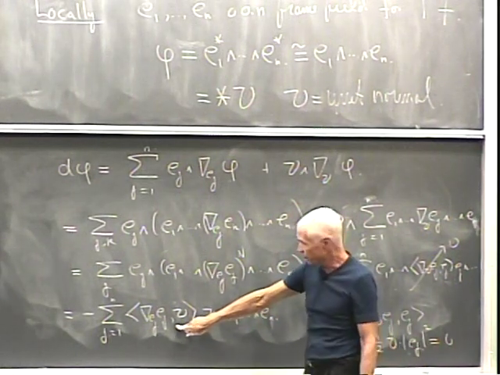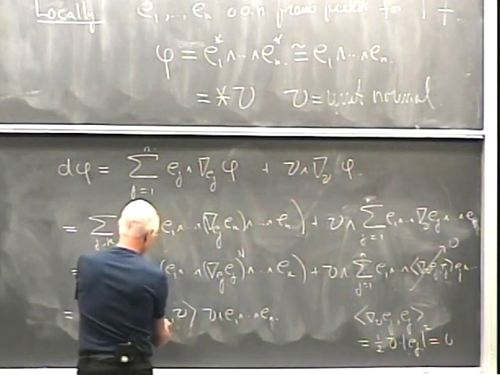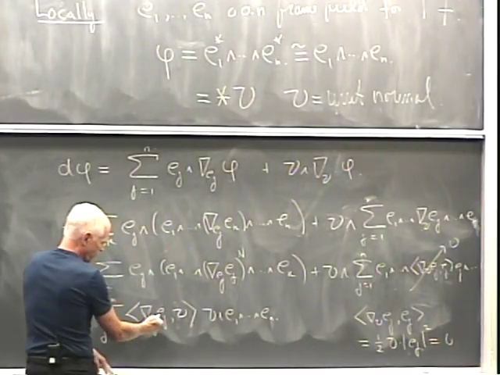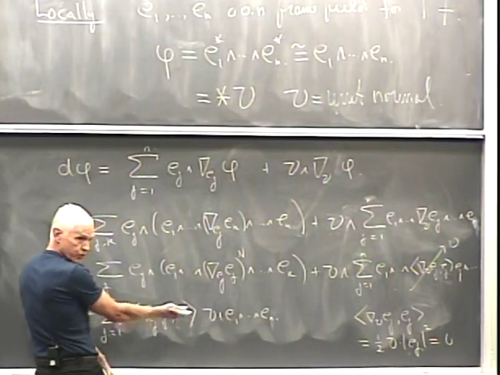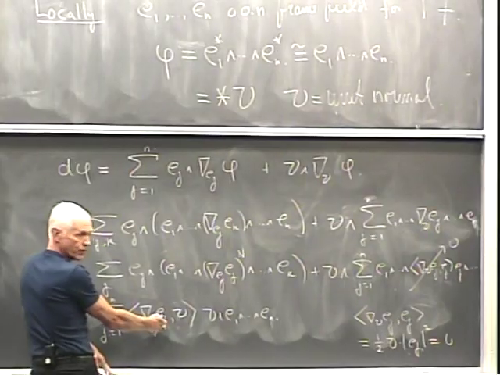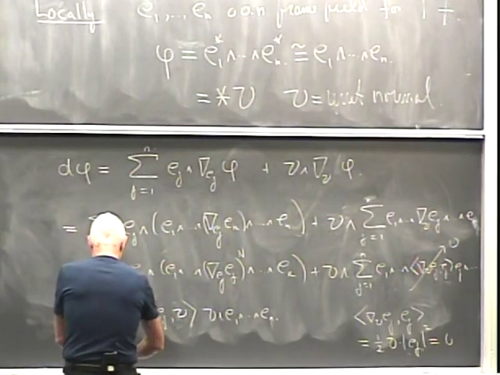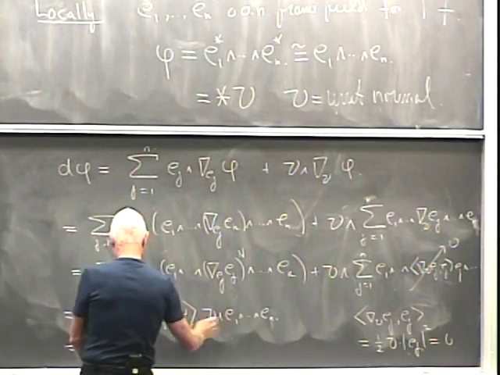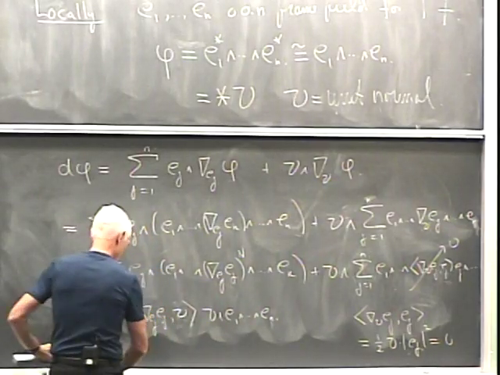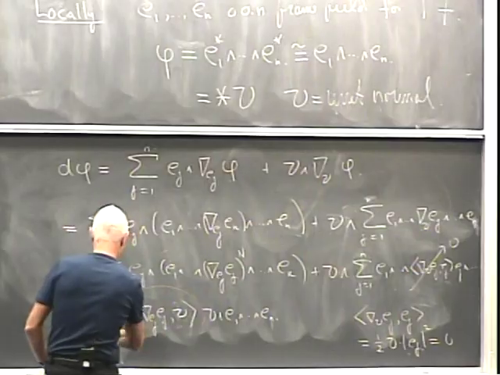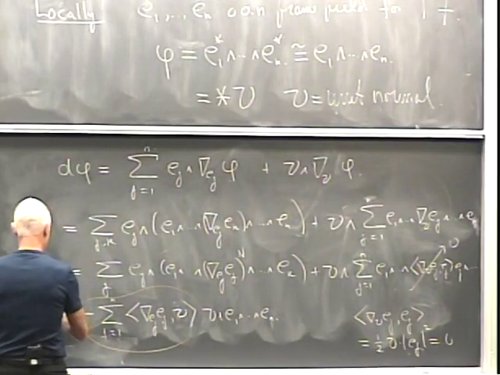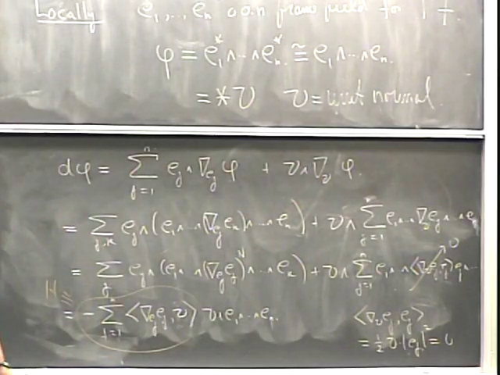The second fundamental form is gotten by taking two tangent vectors, extending them to local tangent vector fields, taking the covariant derivative, and taking its normal component. So this is exactly H. I'll just say that this is equal to H by definition, the trace of the second fundamental form.